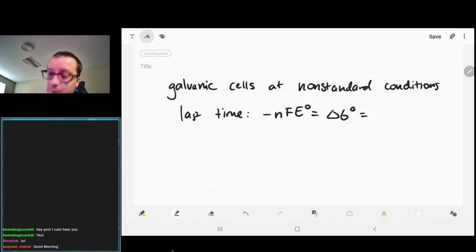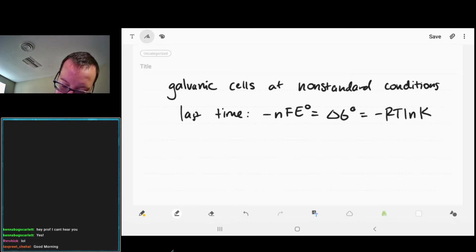Okay, so last time we saw that we could use the Faraday constant as well as moles of electrons to go from our cell potential to a delta G value for the reaction, which is how we can relate this to the equilibrium constant, right?